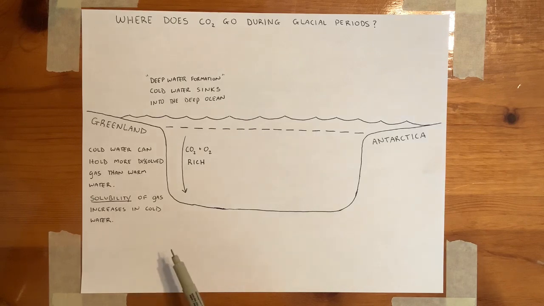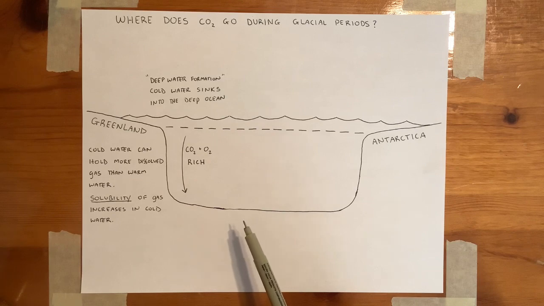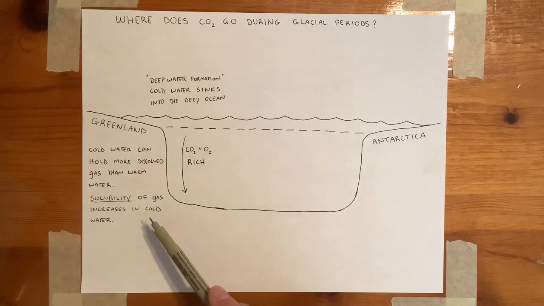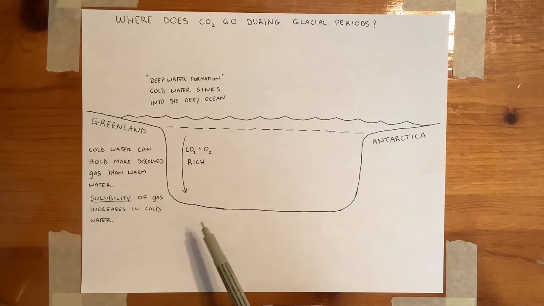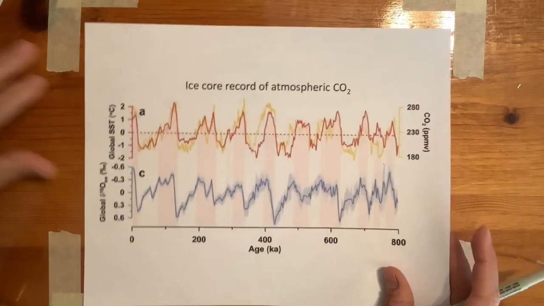Okay, so if colder waters can hold more CO2, and we know that the global oceans get a little bit colder during glacial periods, is this change in the temperature of the oceans enough to account for all the missing CO2? The short answer is no. The drop in temperature of the world's oceans is estimated by this climate proxy here.